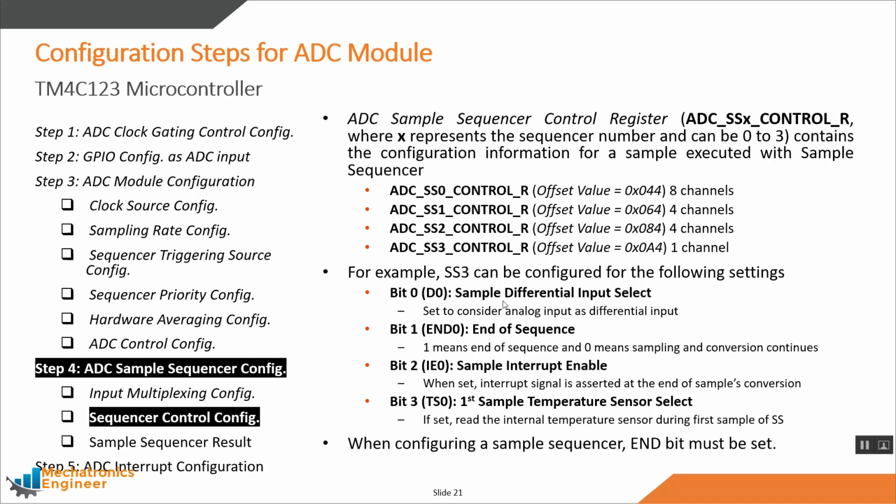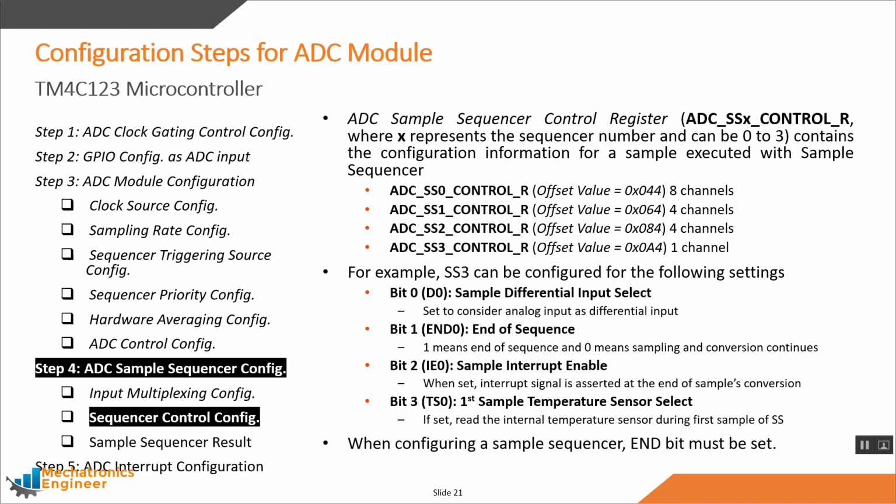In this configuration set, bit 0 corresponds to the sample differential input select. If you set the value of this bit to 1, then the analog input channel will be treated as a differential input. The second bit of the configuration set corresponds to the end of sequence. If you set it to 1, it means that sample will be the end of sequence for that sample sequencer.